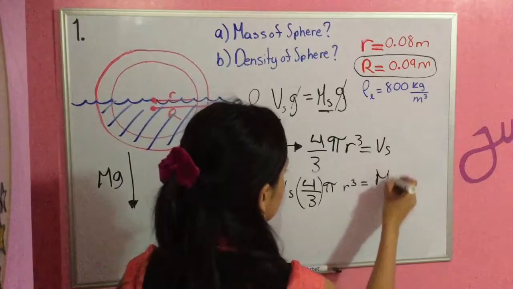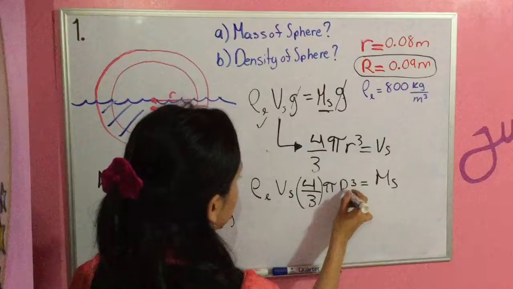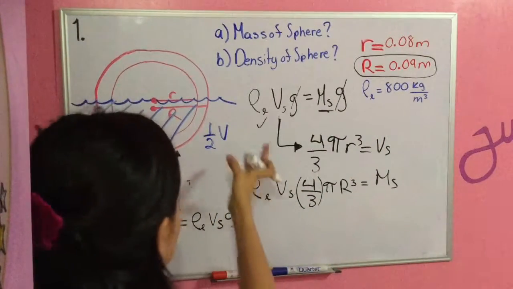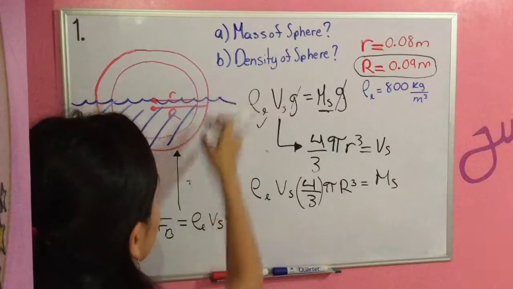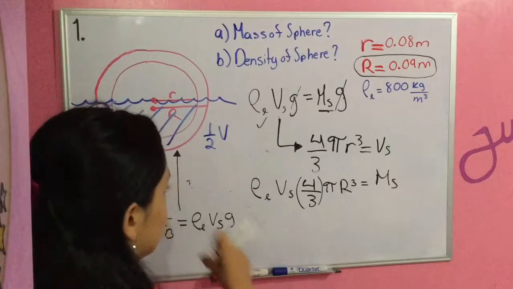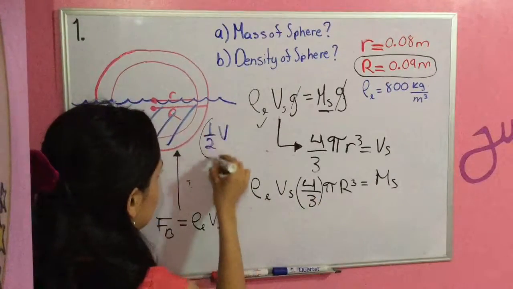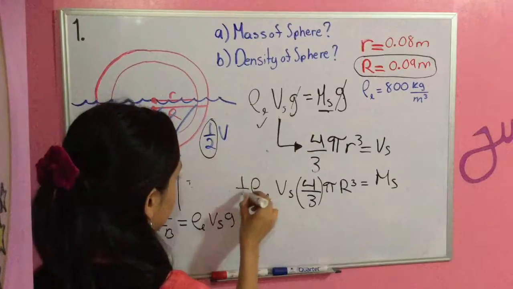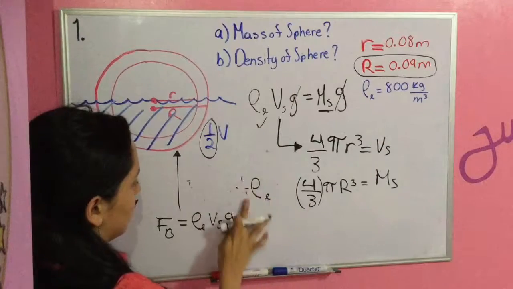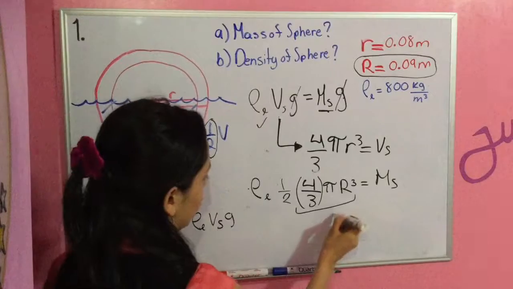We'll have to replace that. And this is capital R because we're taking into account the whole volume of this half of the sphere. And since it's half of the sphere, we have to add this half into our equation, since we are asking for half of the volume.